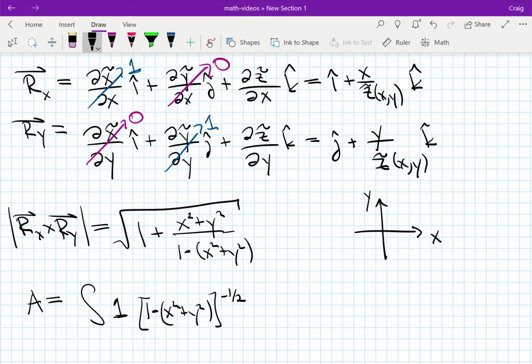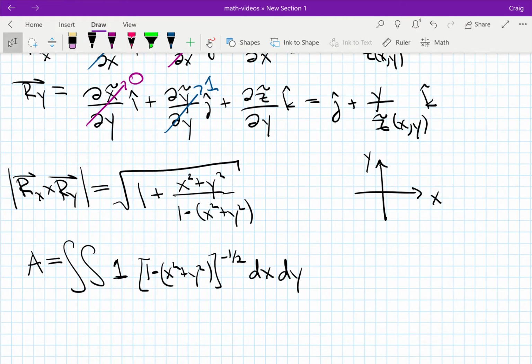That's just simply this expression right there. I've multiplied the numerator and denominator inside the square root by 1 minus x squared plus y squared to simplify a little bit. And I need to integrate that with respect to x and y.